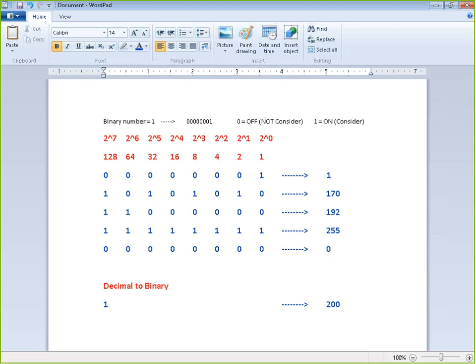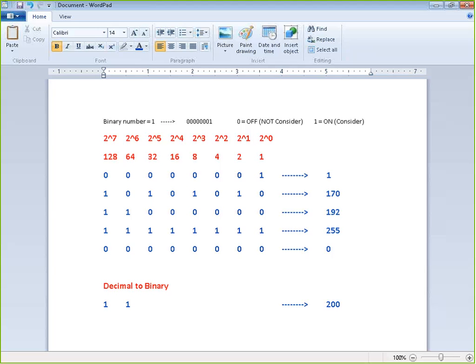So in that case I have to put a 1 below 64 as well. Again let me repeat, 128, that is the previous one, plus 64 becomes 192, and 192 is still less than 200, so that's why I need to put a 1 below that. Do you understand?